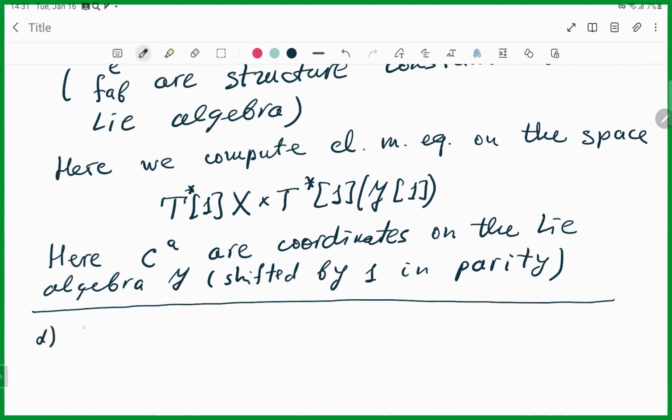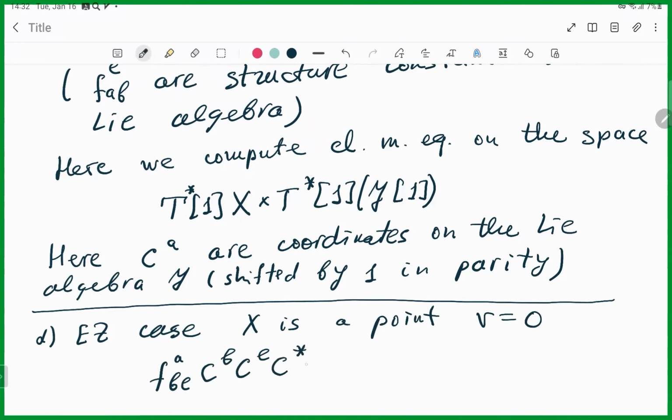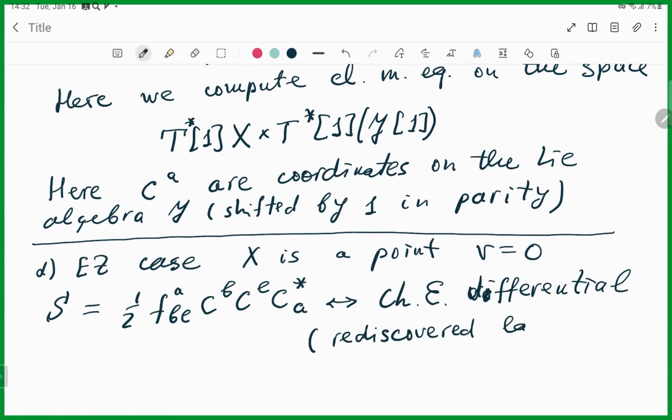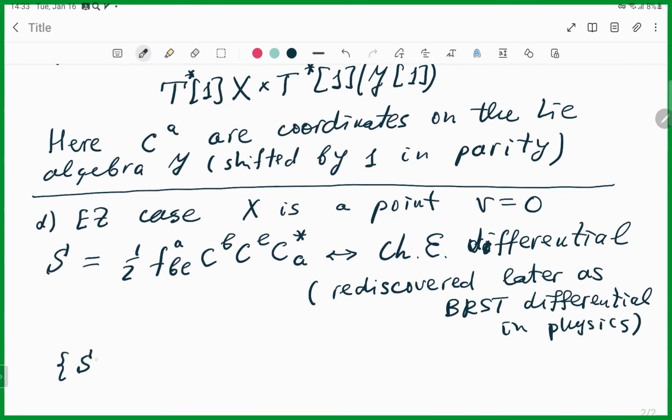Consider an easy case: X is a point and V equals 0. We have just this. This object is known as the Chevalley-Eilenberg differential, rediscovered later as the BRST differential in physics. Let me call it S CE.